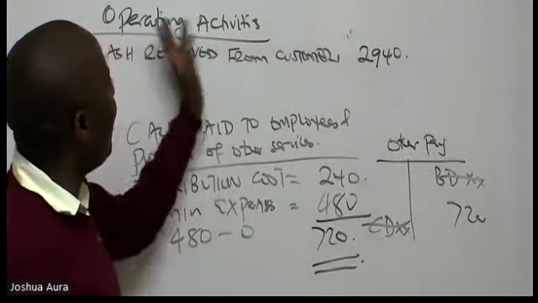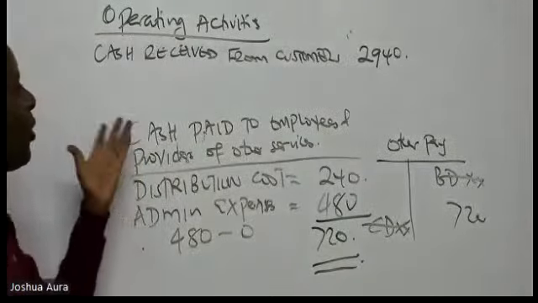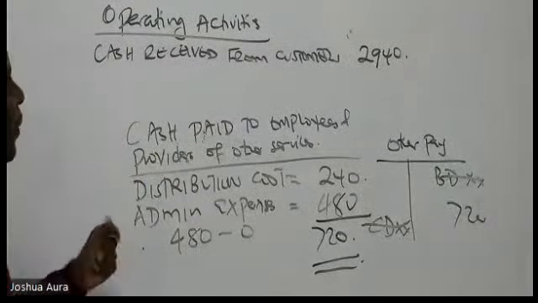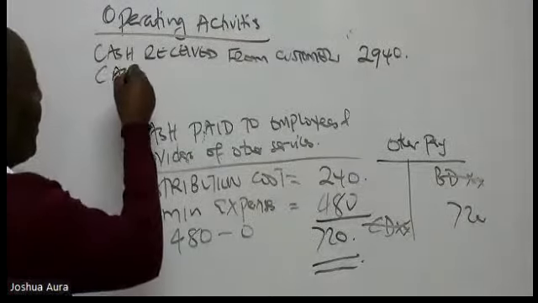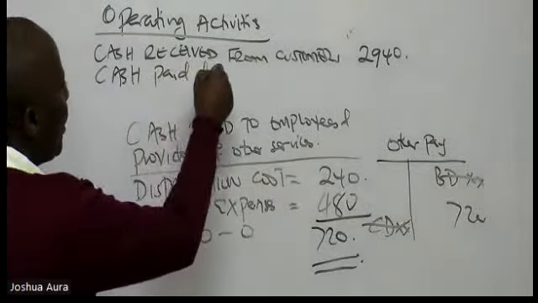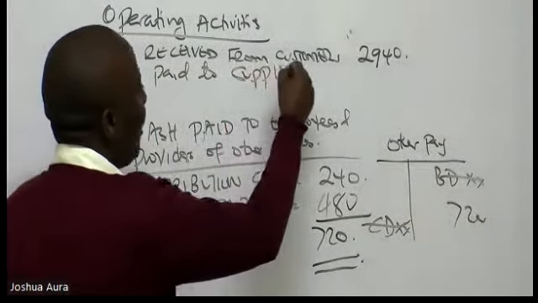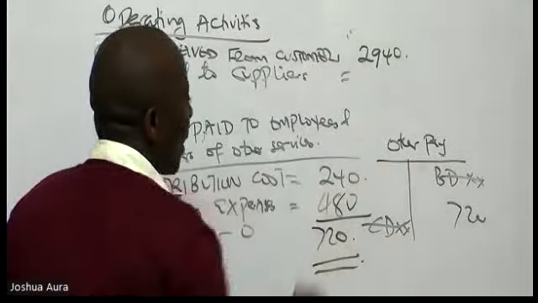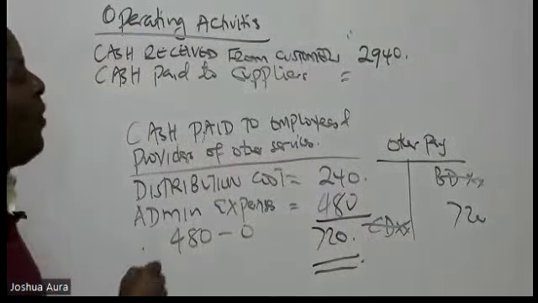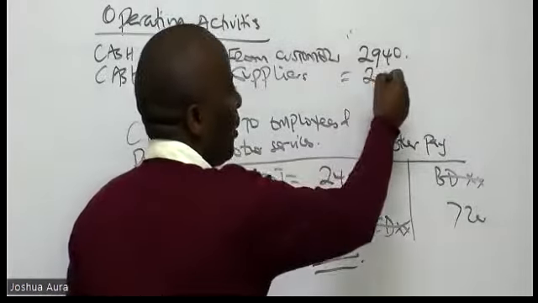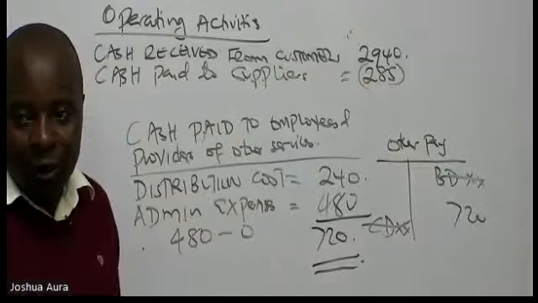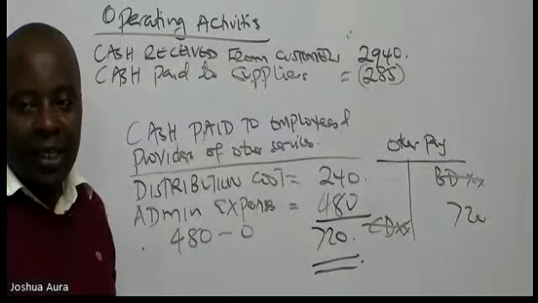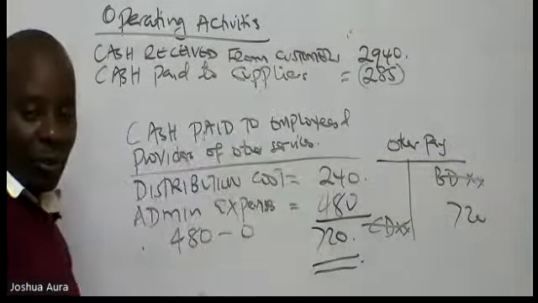So please write a summary for us there. Mention operating activities. The first one is cash received from customers. And then we have cash paid to suppliers. You guys had given me a figure of 285, was it 285? Yes. And this one we are subtracting.